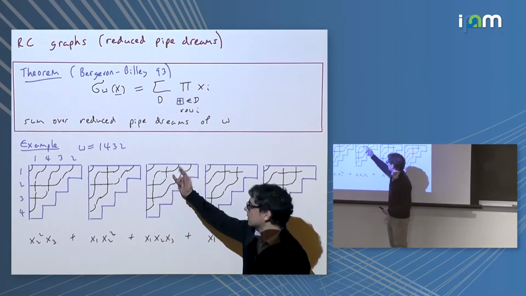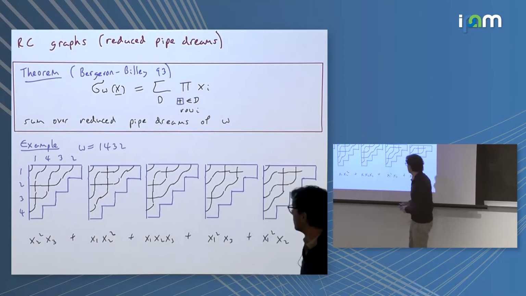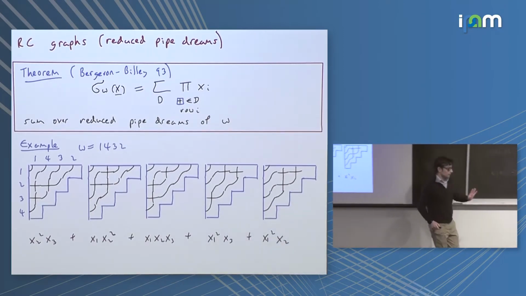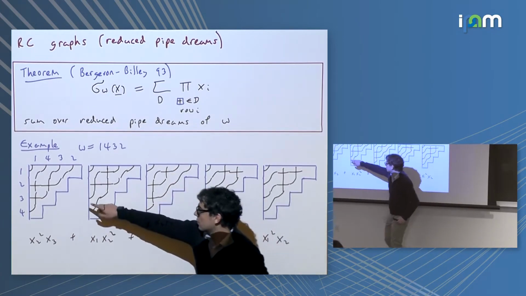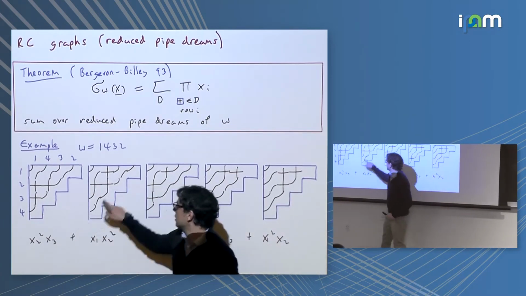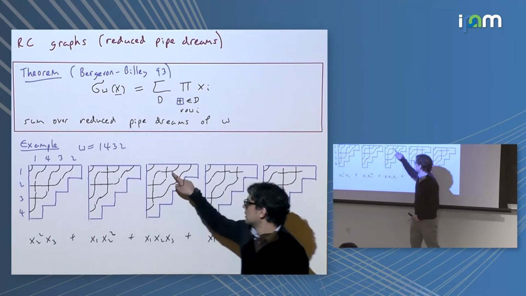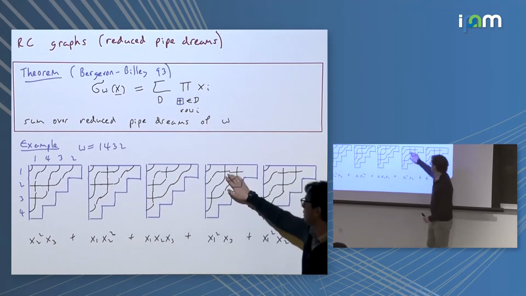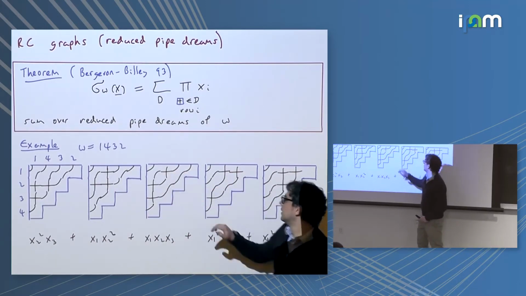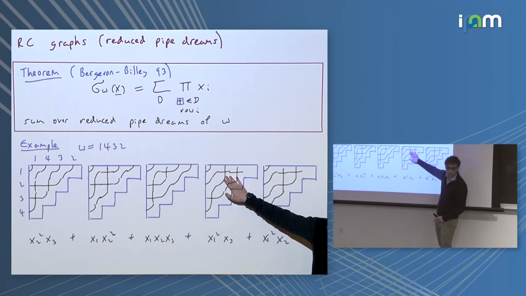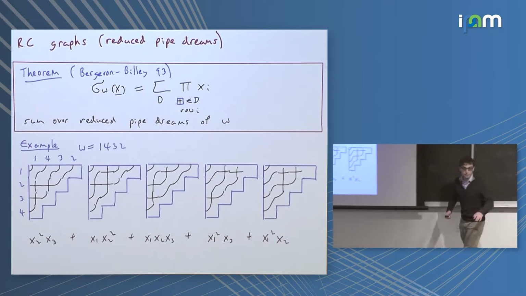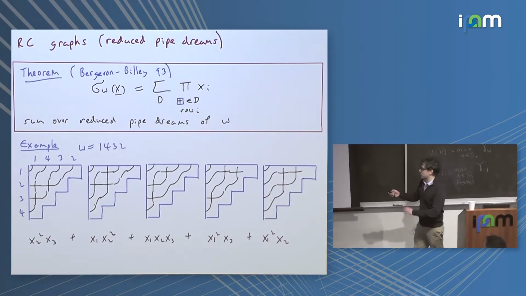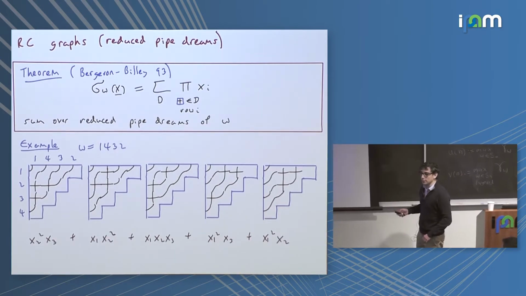Please ignore this, but they should be here. So there are two crossings here. So you have x2 squared x3, x1 x2 squared, x1 x2 x3, and this is x1 squared x3. And there are two crossings here. Sorry about that. But there are 5 of them.